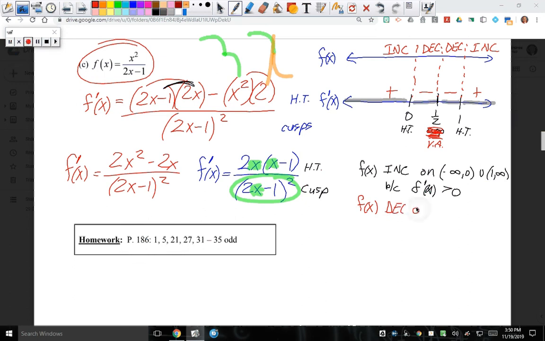It decreases on 0 to 1/2 union 1/2 to 1. I didn't put 0 to 1 because my sign at 1/2 is not negative. It's either 0 or undefined. So I broke it up, because that's where f prime of x is negative.